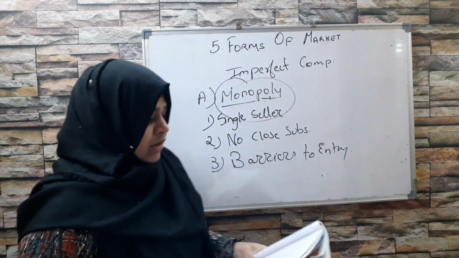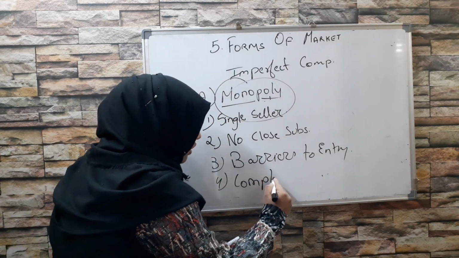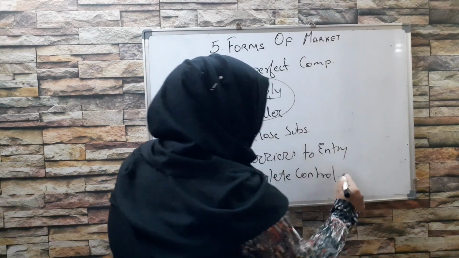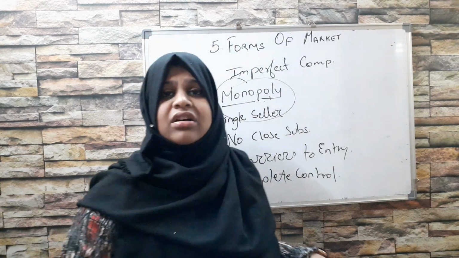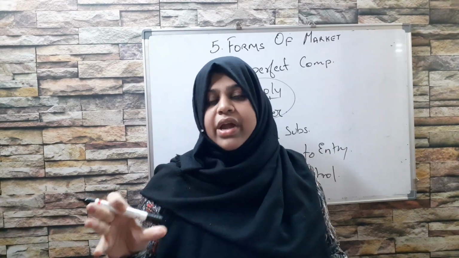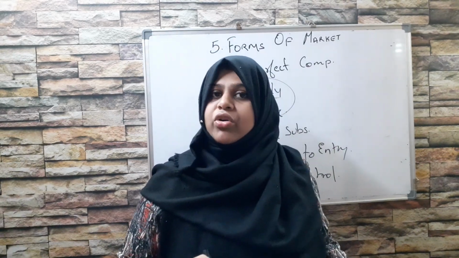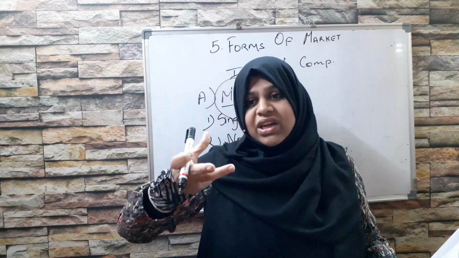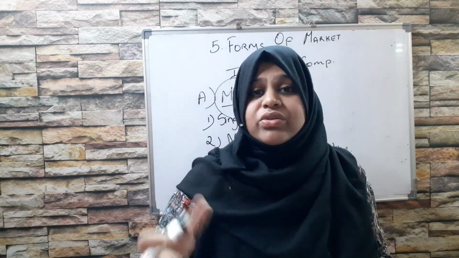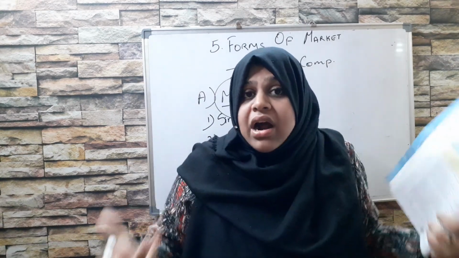Next, complete control. This monopolist has complete control over the market: what is going to be the price of this commodity, how much profit he is going to earn out of that commodity, how many pieces or what quantity of that commodity he is going to supply in the market, and how he is going to create demand for it.